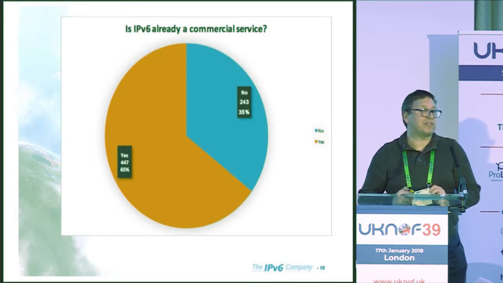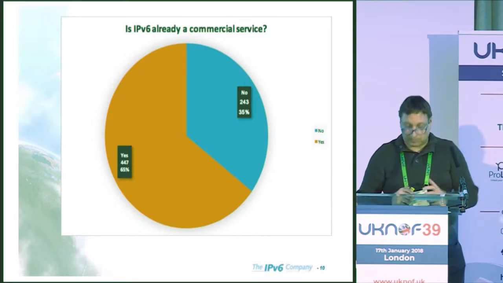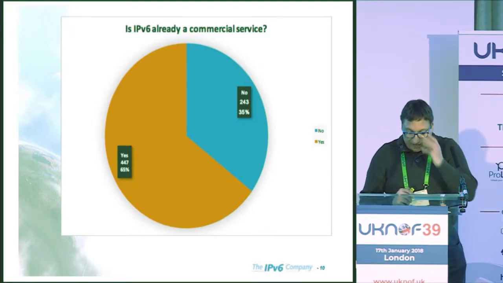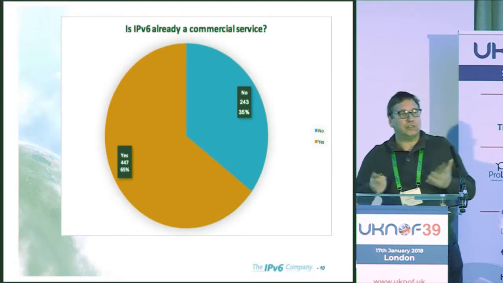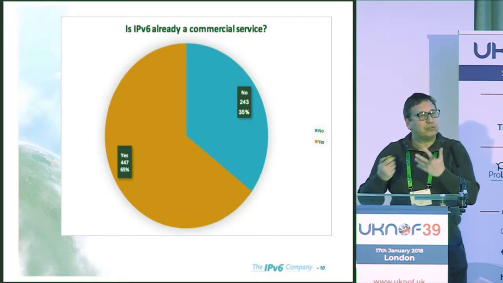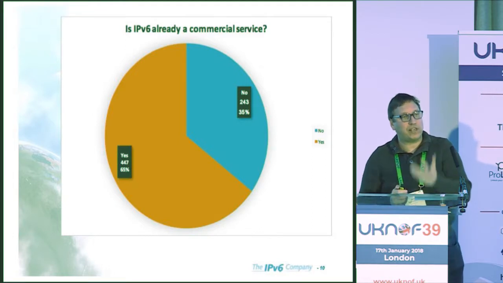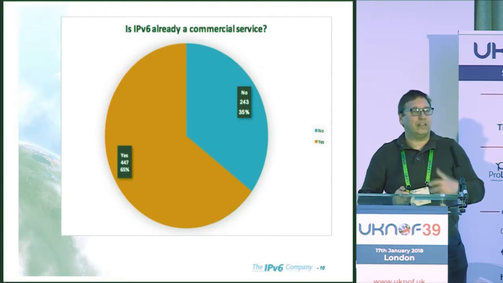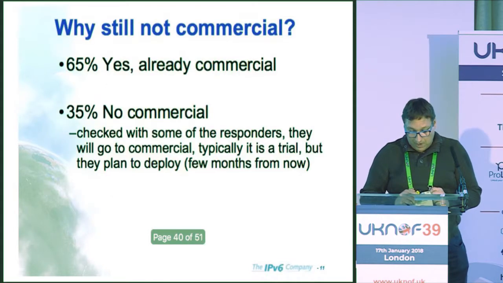Yes, for 65% of the people. With many of them, especially the big ones, I talked to them: if it's not a commercial service, is it something you are doing? Yes, we already have a trial. So most of the people who responded, even if they are not providing a commercial service today, are already testing it, and they really plan to deploy it in the short term.